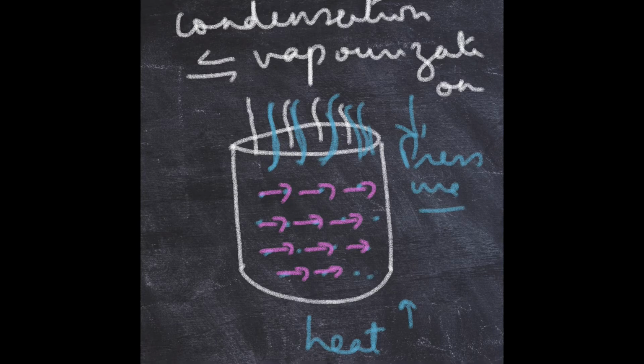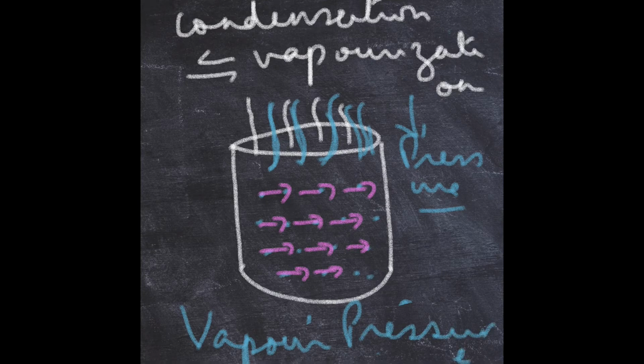And when condensation is in equilibrium with vaporization, the pressure which is exerted by vapor is called vapor pressure. So when the vapor is in equilibrium with its condensed particles, the pressure exerted by the vapor on the solvent is called vapor pressure.